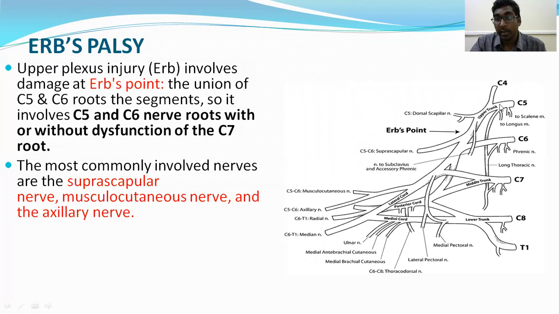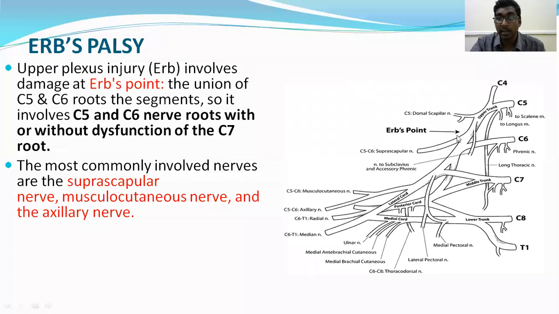At Erb's point, you can see the C5 and C6 roots combine to form the upper trunk, the suprascapular nerve emerges from here, and the nerve to subclavius emerges from it. Here the combined C5 and C6 trunk divides into anterior and posterior branches.